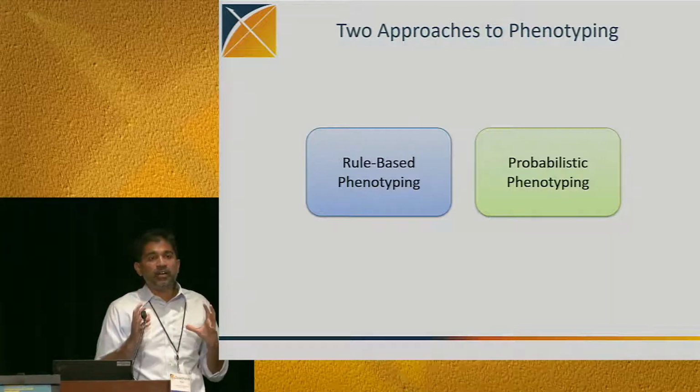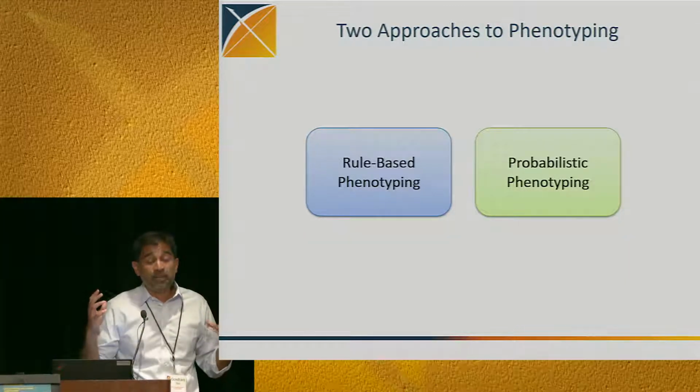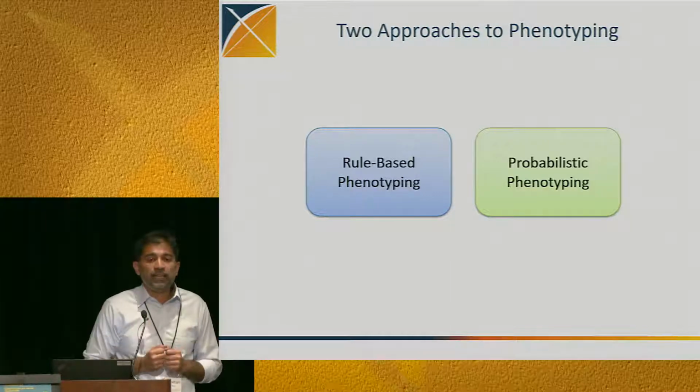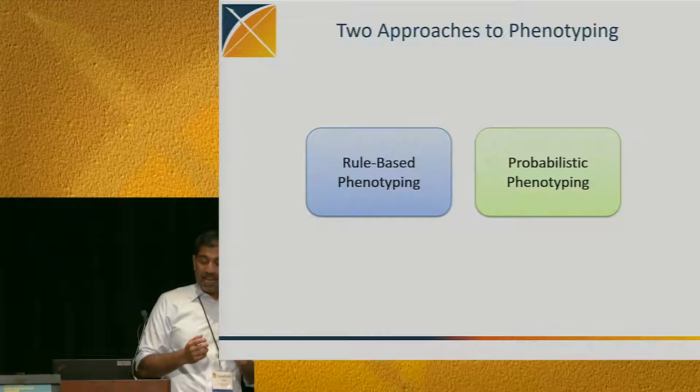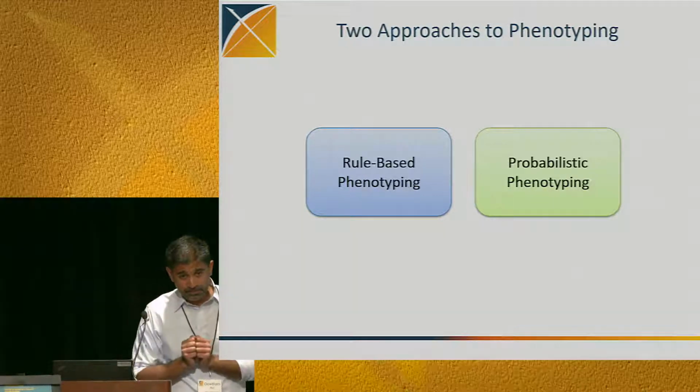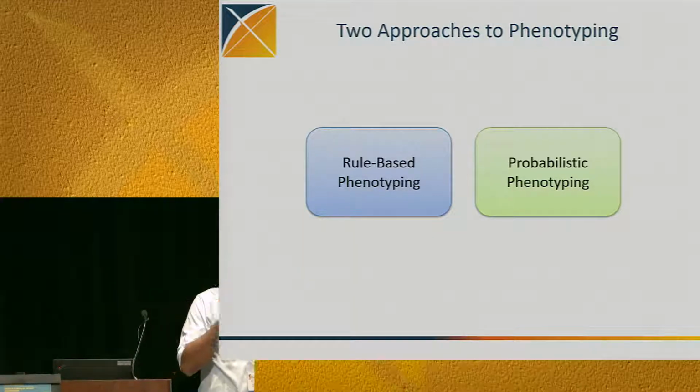In the OHDSI community, in general, there are two ways that we could query people from a database. There's a rule-based process, and there is a probabilistic process. The example that I gave you of having chest pain radiating to my left arm, having an age of around 55 years, that's a rule-based process.